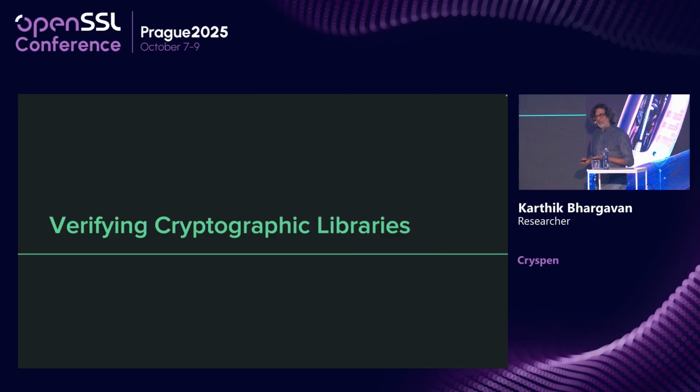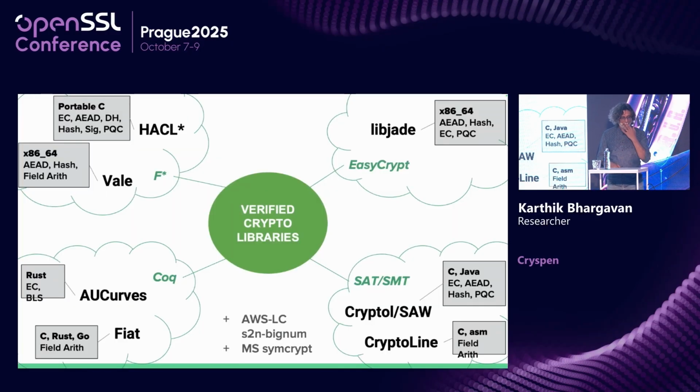The first thing you need for a verified protocol implementation is a verified crypto library, because that's like the core bit in there. And the good news is there's many, many cryptographic libraries which are formally verified today. So Dan Bernstein talked about this already. I think Doug Stebila, if you saw his talk, lots of people are talking about formally verified crypto. And there's a whole range of them.